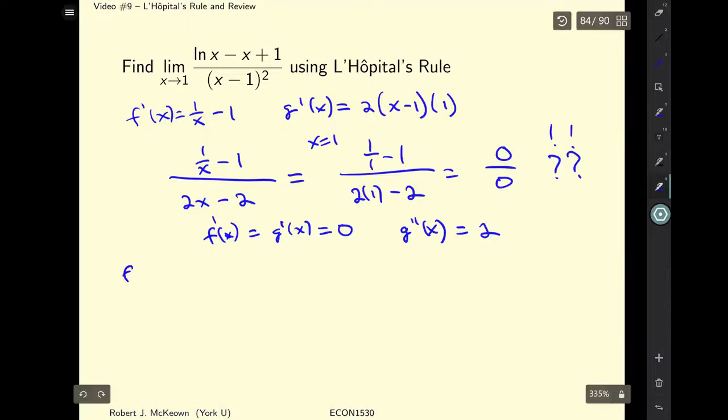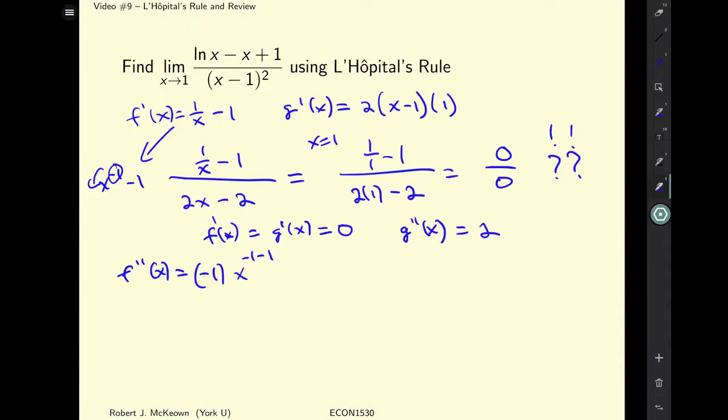Let's take the second derivative of f of x. We're going to have, well, I know that this thing here is like x to the negative 1 minus 1. The minus 1 is just gone, but we're going to have this negative 1 coming down. So there's my derivative for that part.